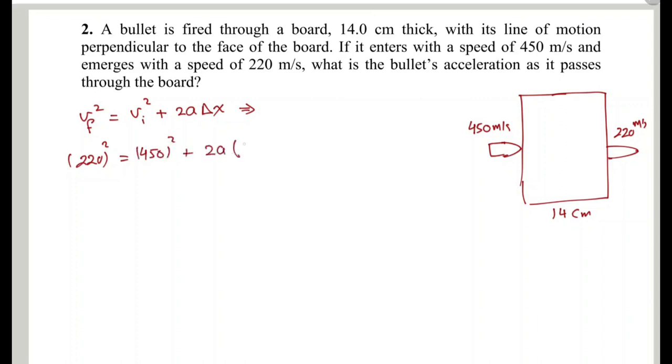Now delta x is 14, it has to be in meters, by the way, so it's 0.14 minus 0. So you substitute this, you will find that a equals minus 500 kilometers per second squared.